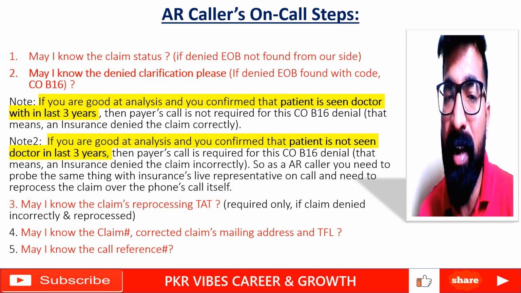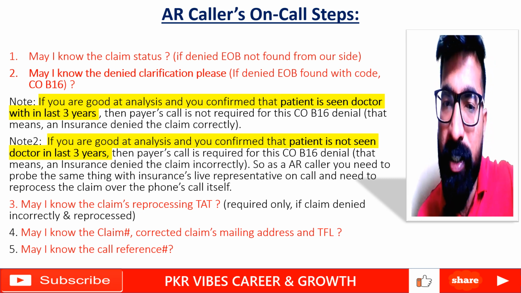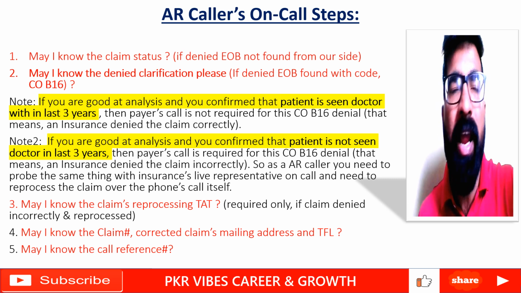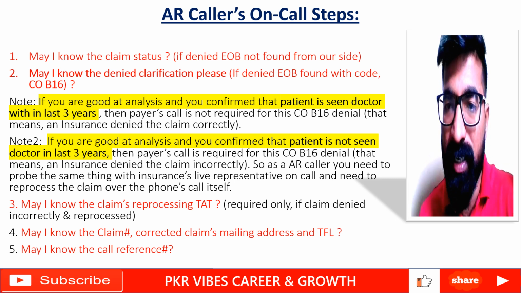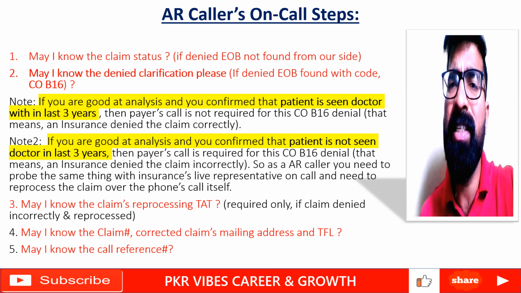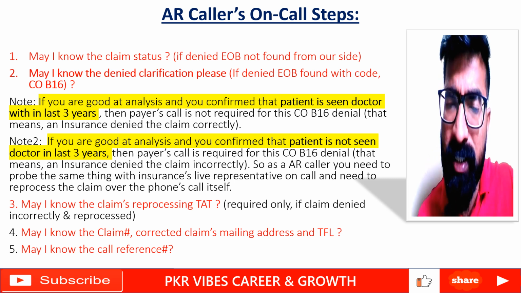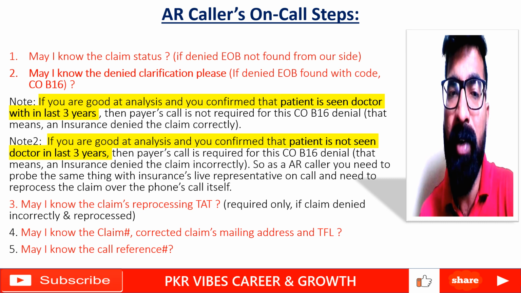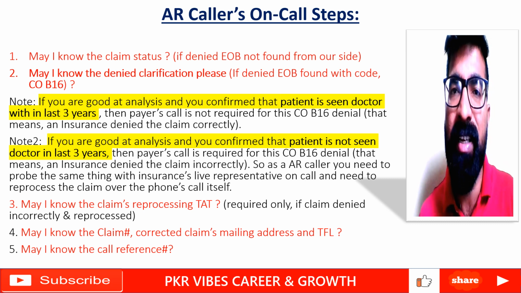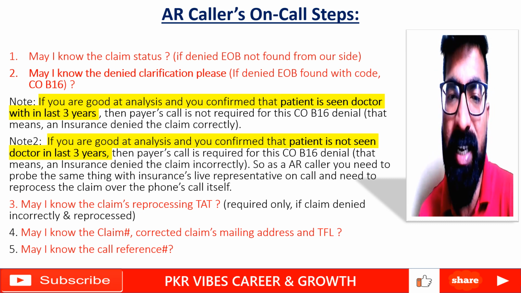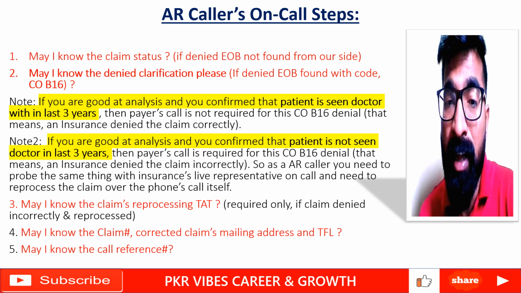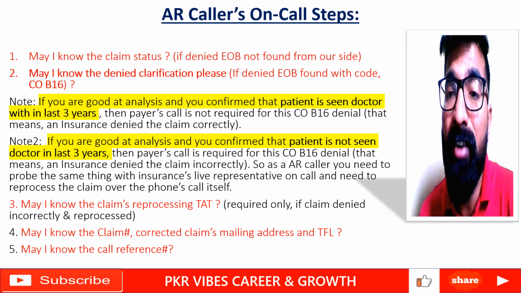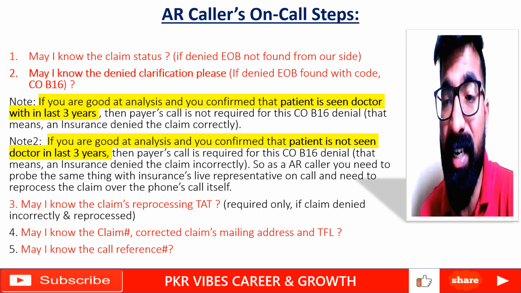Then you should check the previous billing history, and if you confirm that the patient already visited a doctor within the 3 years, then the insurance denial is correct, right? The patient is an existing, established patient, so a payer call is not required for this CO B16 denial. That means insurance denied correctly.